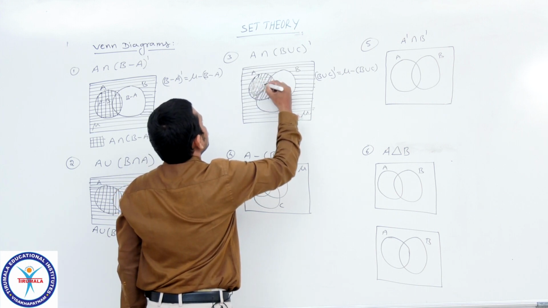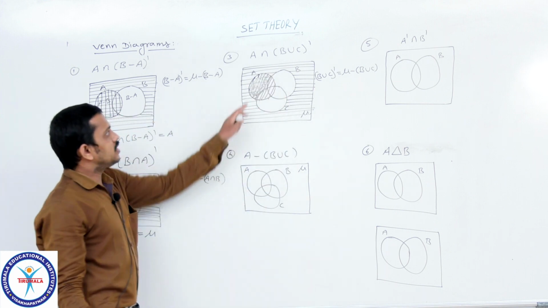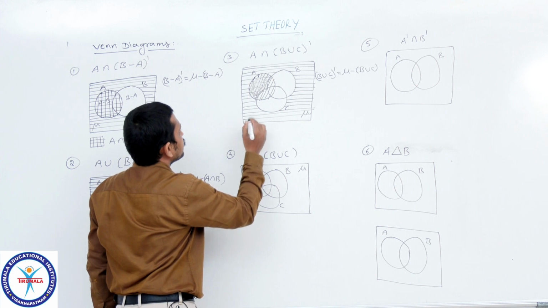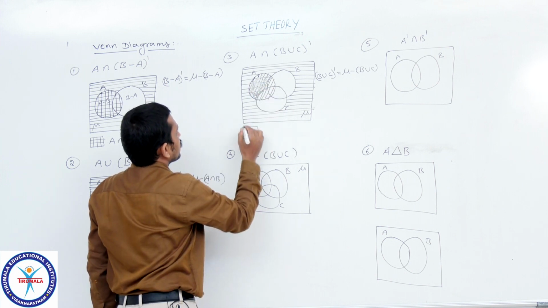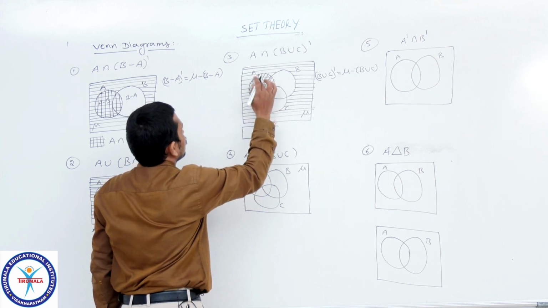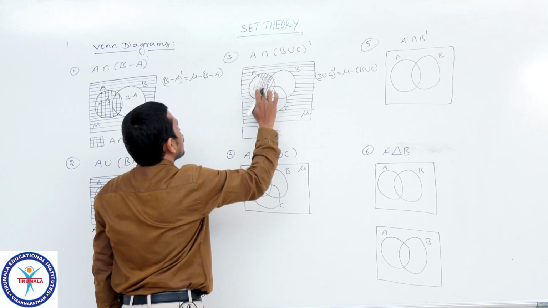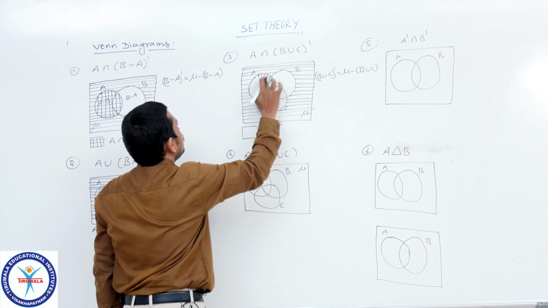See, this is the common region, the double lines region. So, for our understanding, here I am shading this common region with dots.